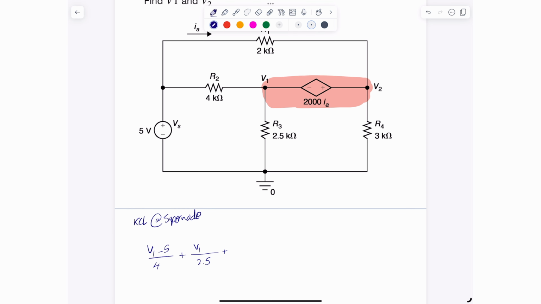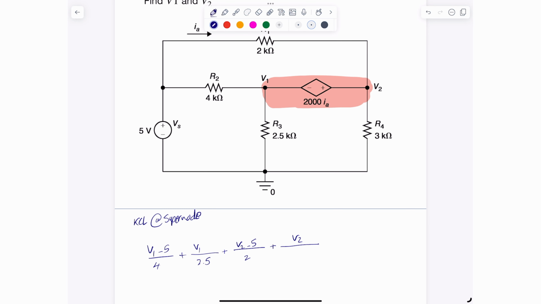And then the last current will be plus V2 divided by 3 kilo ohms, and that should equal 0.